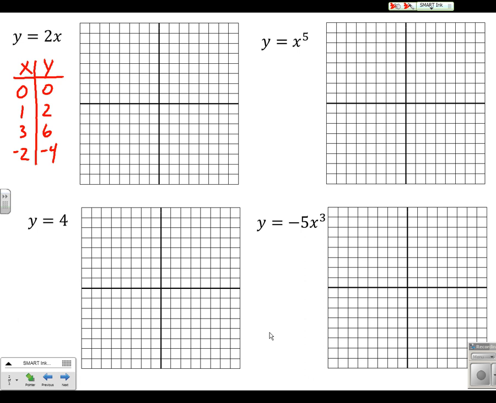It gives me a pretty good sampling of points. And of course, we all know what this line looks like. 0, 0, 1, 2. 3 gets me up to 2, 4, 6. Negative 2 gets me down to negative 4.